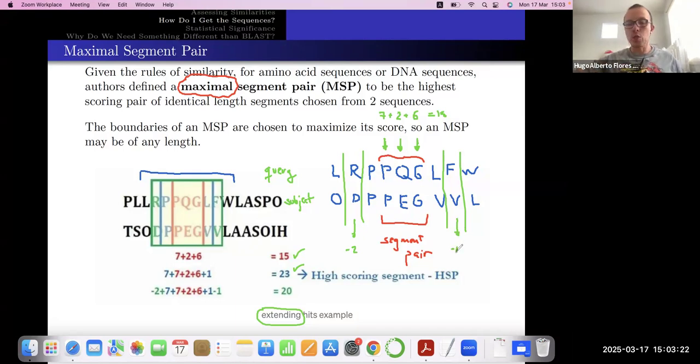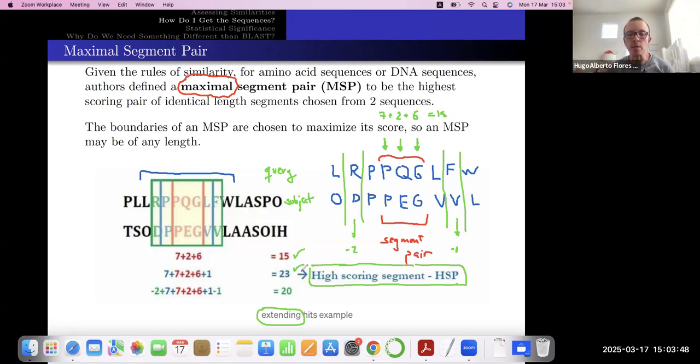What does it mean? In this process of extending to the left and to the right, there is a moment that the score starts decreasing. So in that moment we stop. What this means is that I found what is named a high scoring segment.